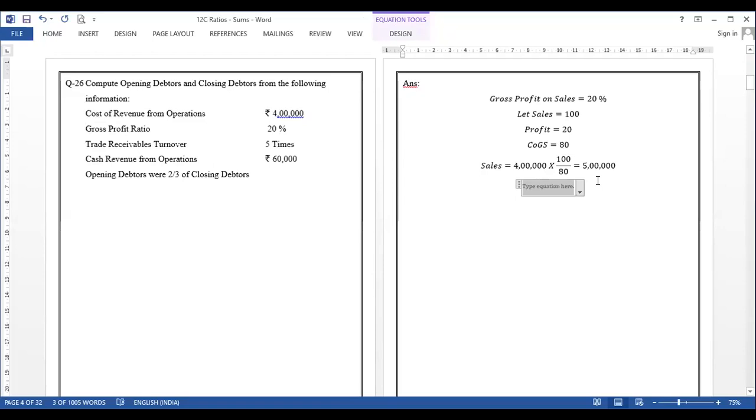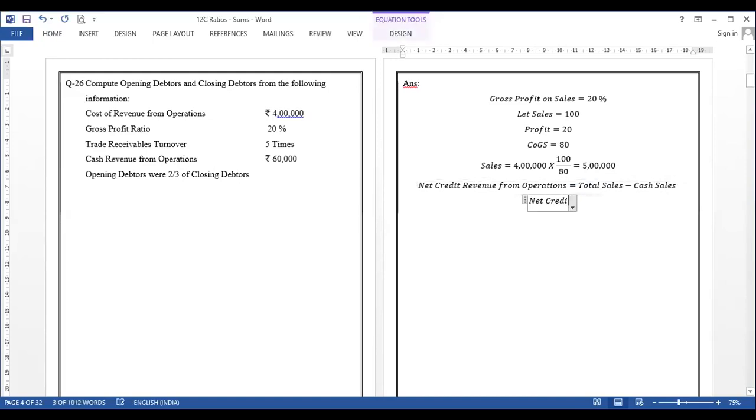Cash revenue from operations is 60,000, so I need to know the credit revenue from operations. That will be equal to total sales minus cash sales. Let us place the values.